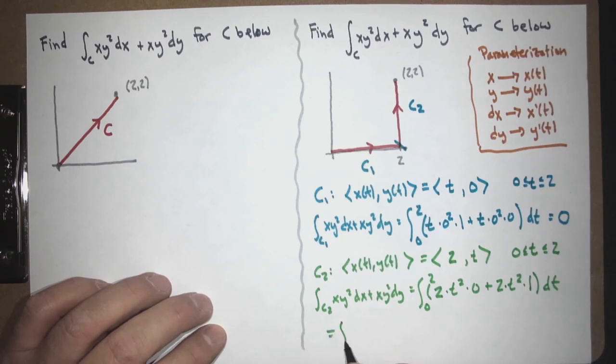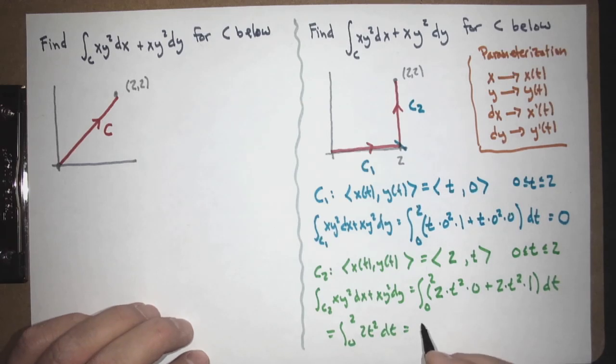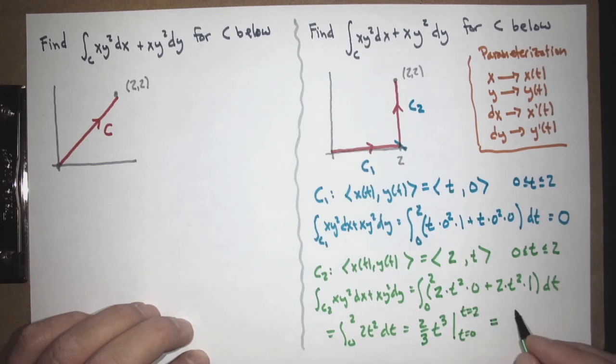So this is the integral from 0 to 2 of 2t squared. Well, what does that integral become? 2/3 t cubed. Evaluate that from t equals 0 to t equals 2. And we end up with 16/3. And what do you get?